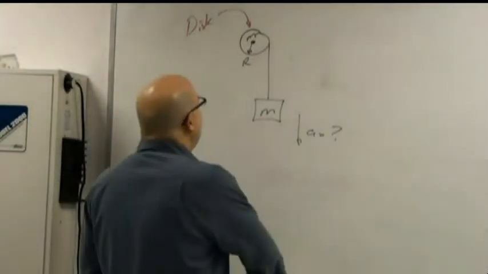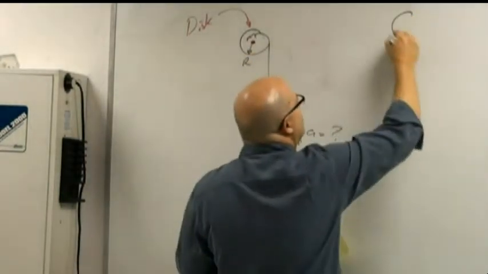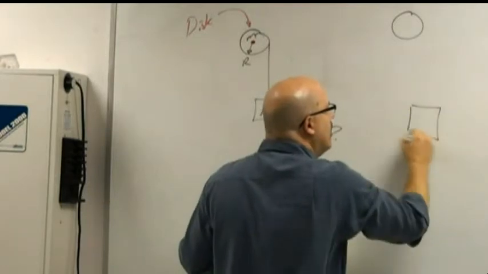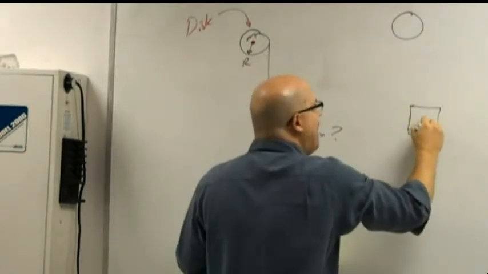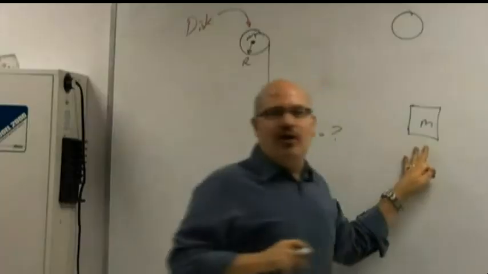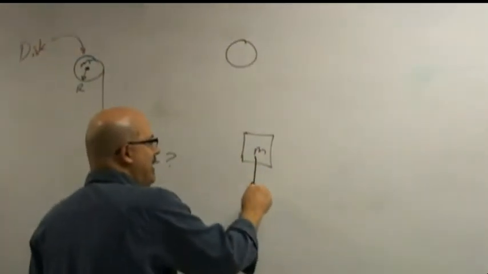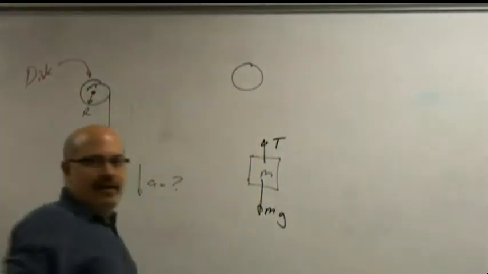So first things first, will you please draw the free body diagram for the pulley and for the mass? What are all the forces on this mass? All right, we got an mg and we got a tension. Which one's bigger? Mg.